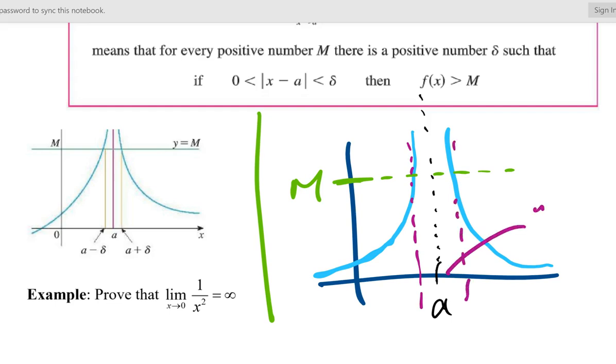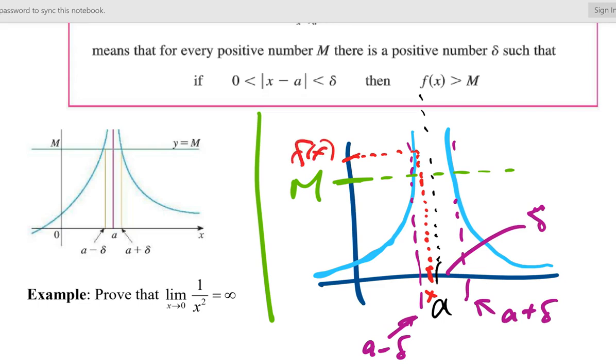So delta's here, such that if x is between the two delta values, this is a minus delta and a plus delta, x is between those, f of x is going to land above m.